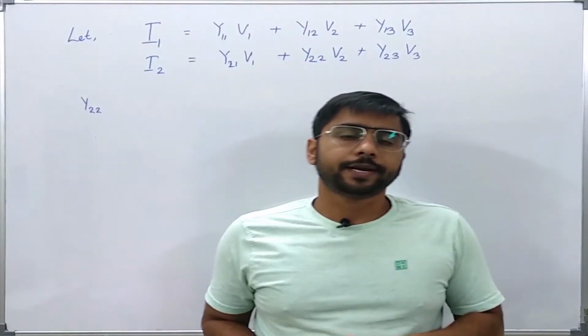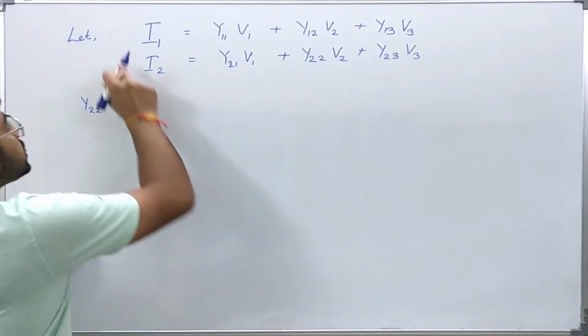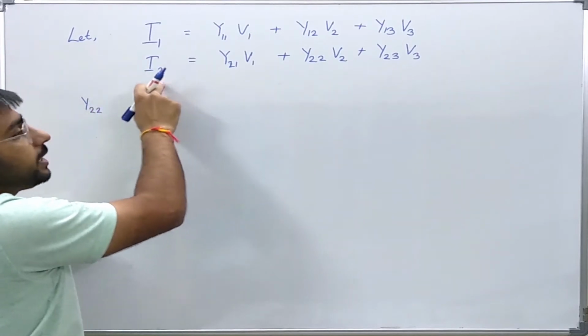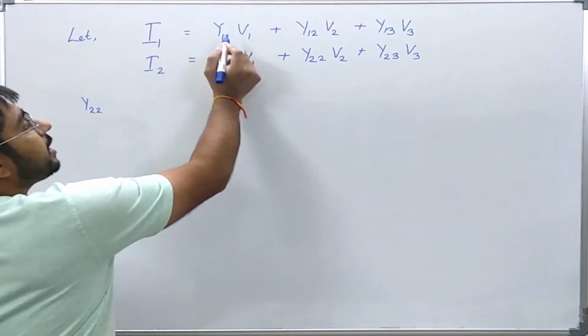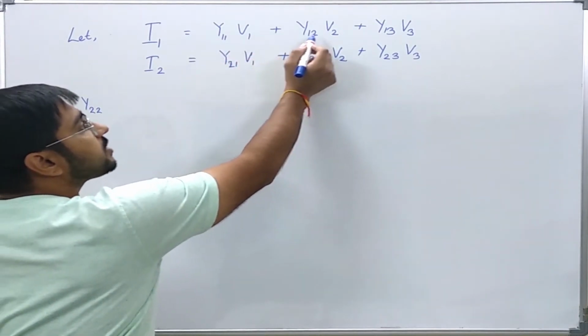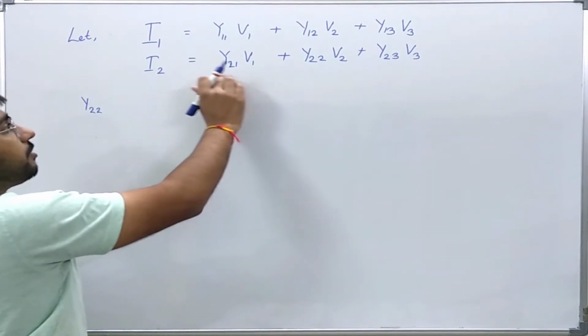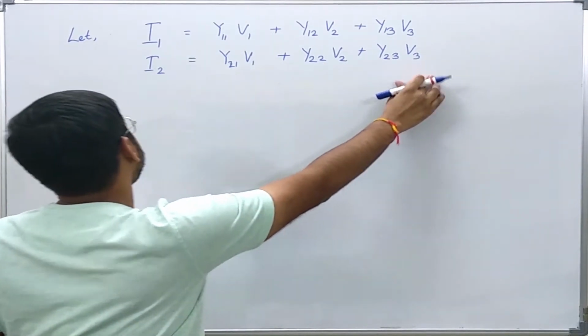Okay. Now in the next slide, we will try to see some of the properties of Y bus and Z bus. Now let us say that we are given a network in which these equations are given. Although I can also write the third equation for the current I3, I1 is nothing but Y11 into V1 plus Y12 V2 plus Y13 V3. Similarly, I2 is given by Y21 V1, Y22 V2 and Y23 V3.